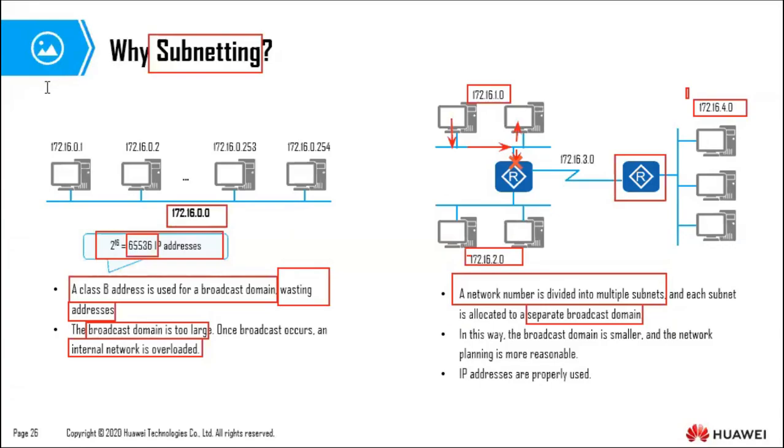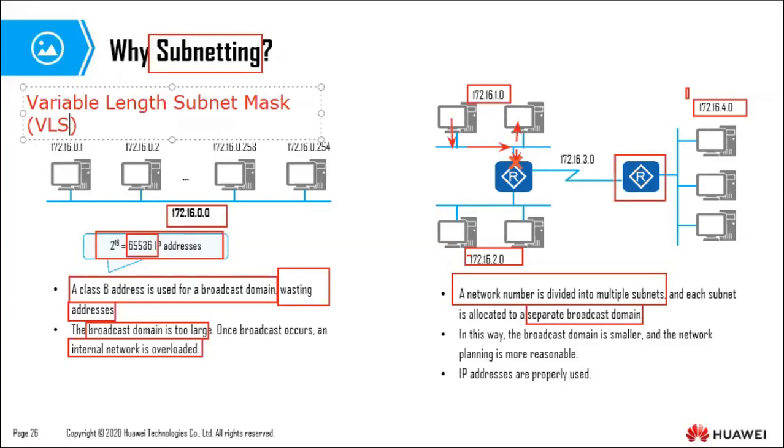When we do subnetting, we do it through a technology called variable length subnet mask, commonly referred to as VLSM.